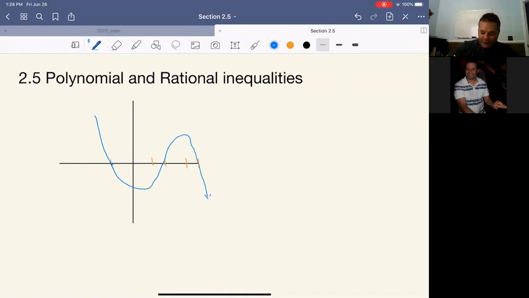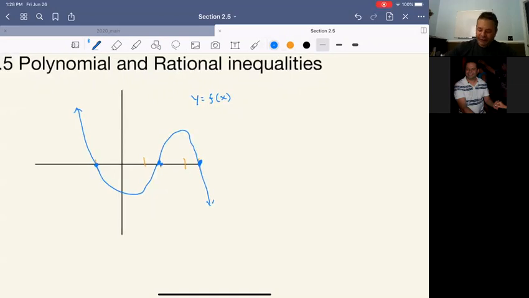So this point here is at -1, +2, and +4. Okay, so we're going to say this is some function y equals f of x. So this is -1, 2, and 4. We could ask a bunch of questions.